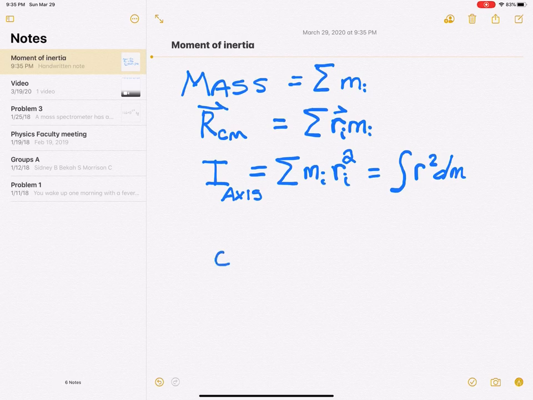Let's say that we've got two simple masses, a distance L apart. We'll make the masses equal to make our lives easy.